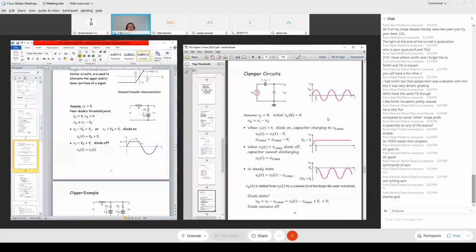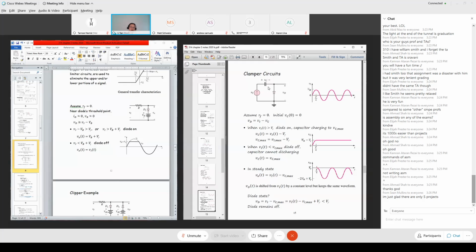Again, the input is sinusoidal. We assume the forward resistance is zero, but V gamma is non-zero. Initially, visualize the capacitor as discharged, so the initial capacitor voltage is 0. We can always assume we start from this condition.